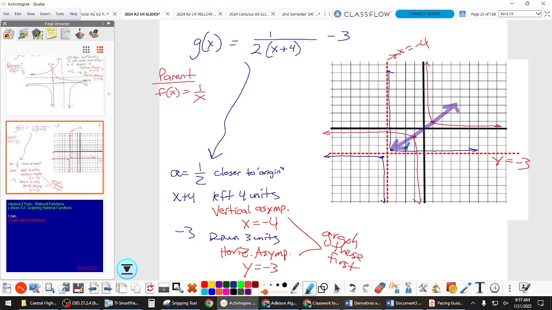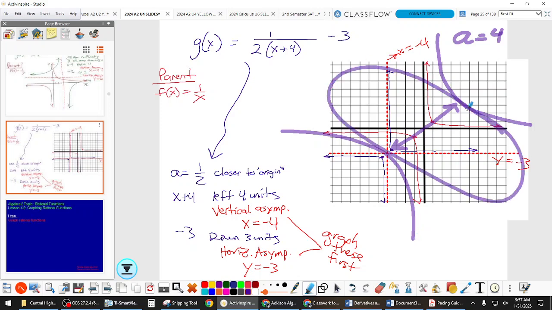Diagonally. So if A was 4 or whatever, some number bigger than 1, it would curve through where this region is wider. Okay? It's further away from that corner. But it's still going to approach out to the right and up. It's still going to approach our asymptotes eventually. Okay?